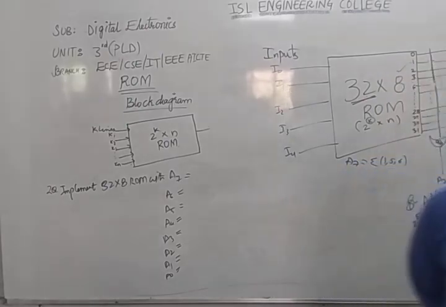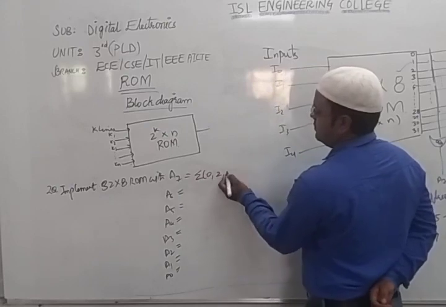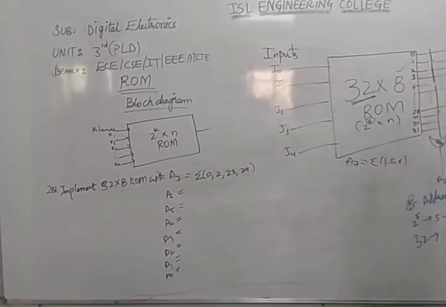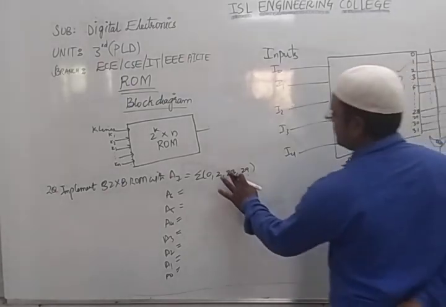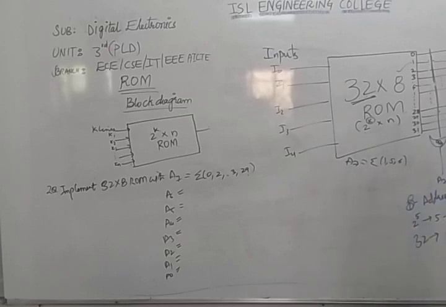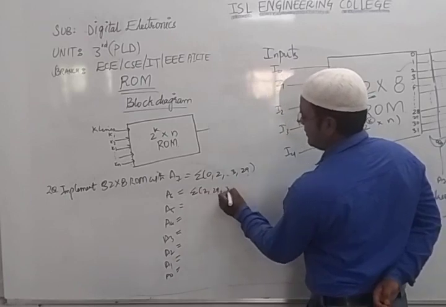A7 is summation of 0, 2, 3, 29. Next, A6 is summation of 2, 29 and 30.